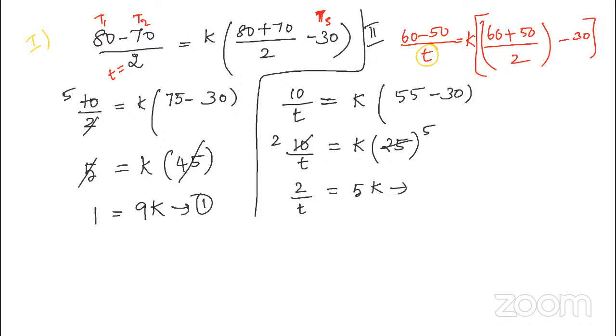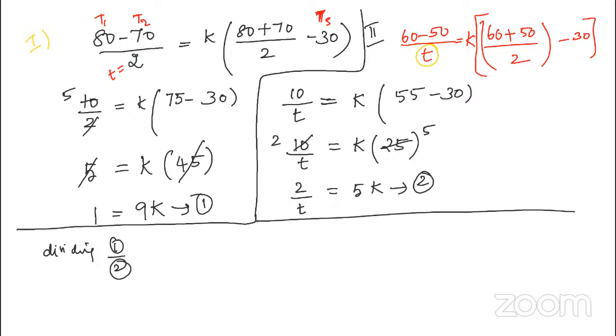This is equation 2. Next step, by dividing 1 by 2, we get 1 divided by (2 by t) is equal to 9K divided by 5K.